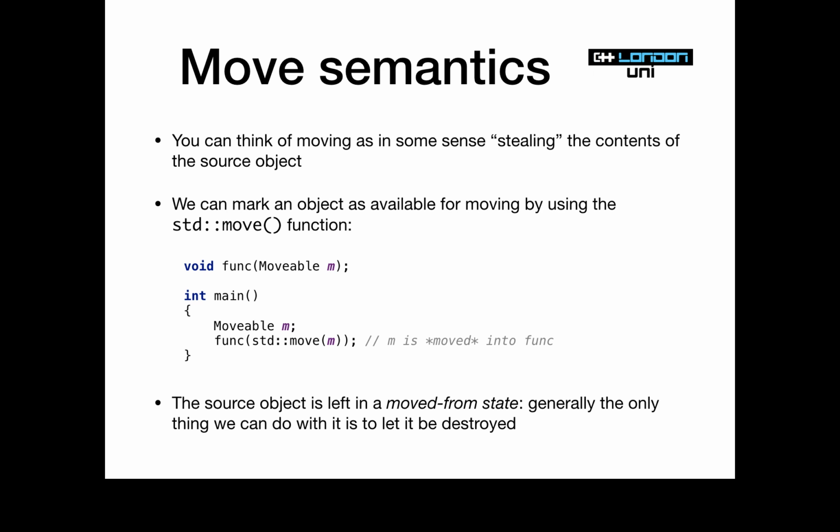Right. So this is copy construction. So A and B are completely separate objects. And now we're creating a third object. And to do that, we're stealing the contents of A. So A is no longer usable, but we've still got two objects that are usable, B and C. The only thing we can do with A is let it be destroyed.